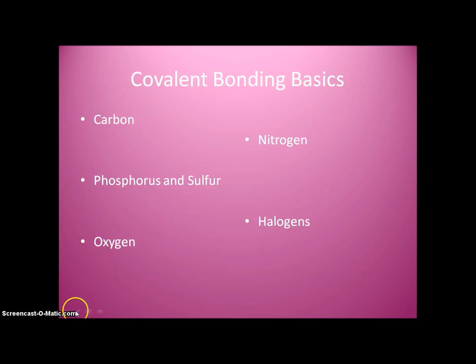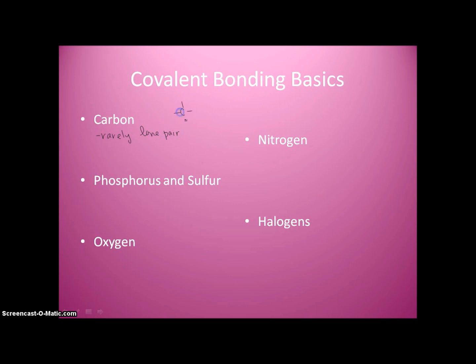Okay, the last thing that we're going to talk about is how some of these really important atoms that are going to covalently bond a lot typically bond. So carbon, you're going to rarely ever see carbon with a lone pair. Okay, it's always going to be paired up.